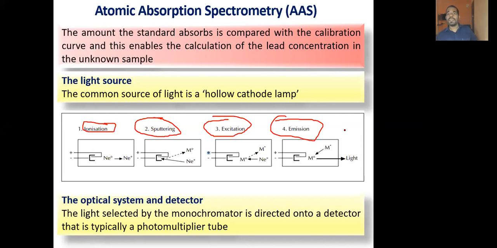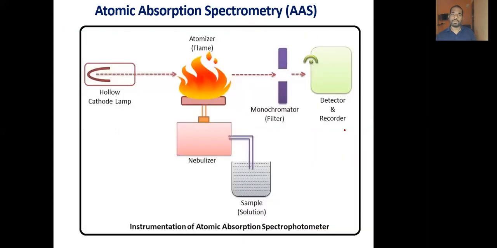In sputtering, the ionized species move towards particular things like Ne+. Then excitation of the electrons, and then emission. The light selected by the monochromator is directed onto a detector that is typically a photomultiplier tube.